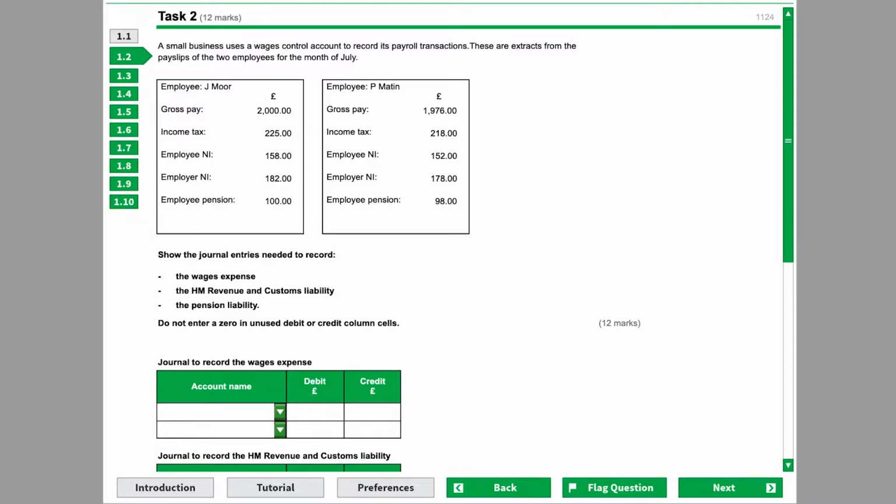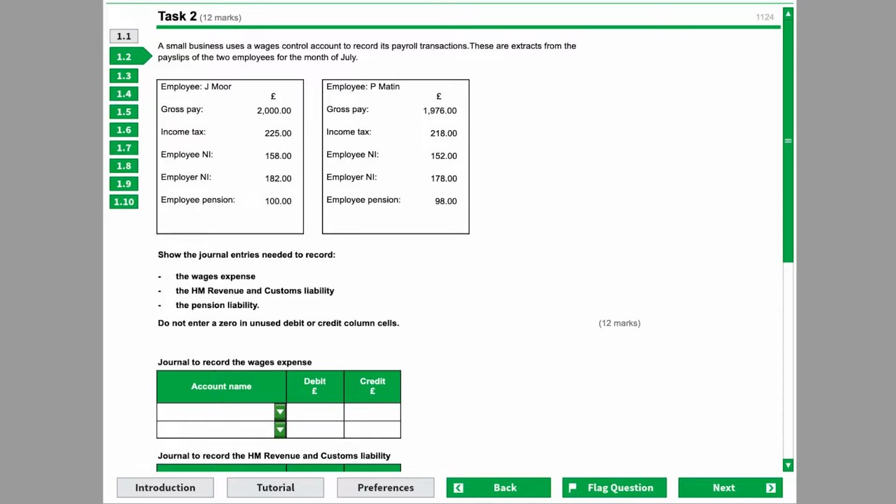The first of which is to record the wages expense. So remember that the wages expense is the full cost to the business of employing these 2 members of staff. To calculate the value, we therefore need to take the gross pay for both employees and add on the employer NI figure for both employees. We do not need to add any of the other figures in because they're already included within the gross pay figure.